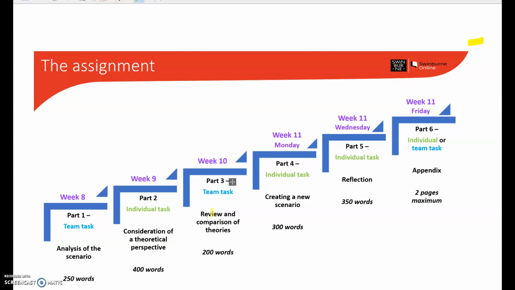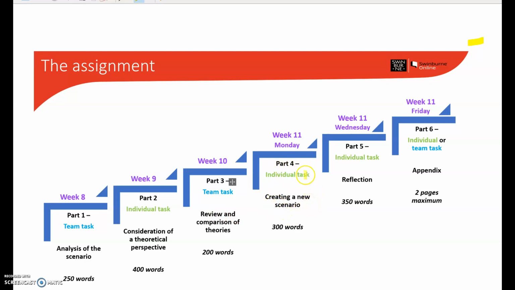We know that a few different theories can be helpful in any situation. In fact, many can. So it's a bit tricky, but you do need to identify one that you think best meets the needs of the people and the situation in this classroom. Then you split off, and the rest you'll do on your own.